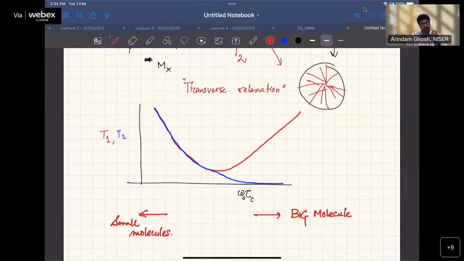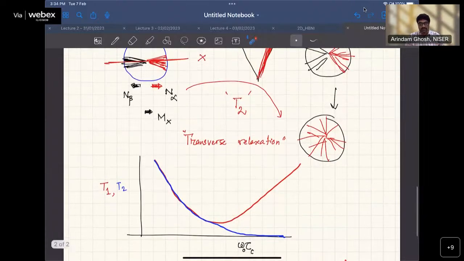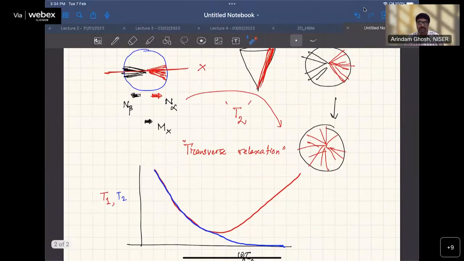When you have small molecules, omega tau c is small, but for large molecules it is large. Now look at this, where this misconception came from. For a large molecule, like a protein, I have a very long T1. That means it takes a very long time to readjust the Zeeman levels. However, T2 is almost zero, very small. That means the decoherence is done very quickly.